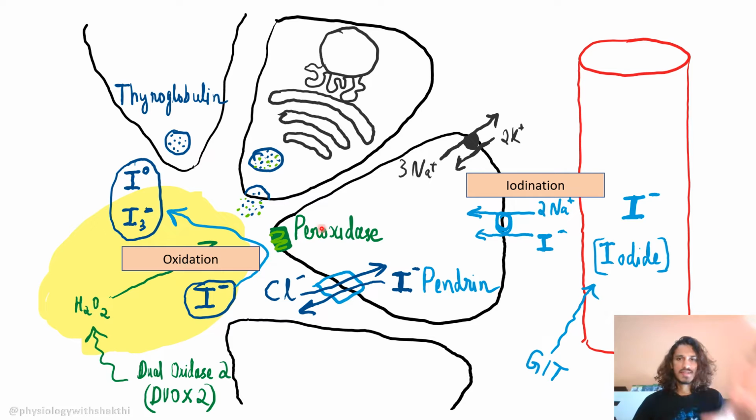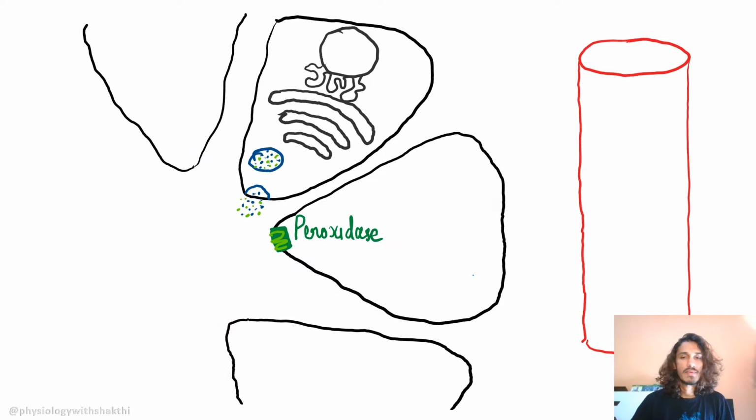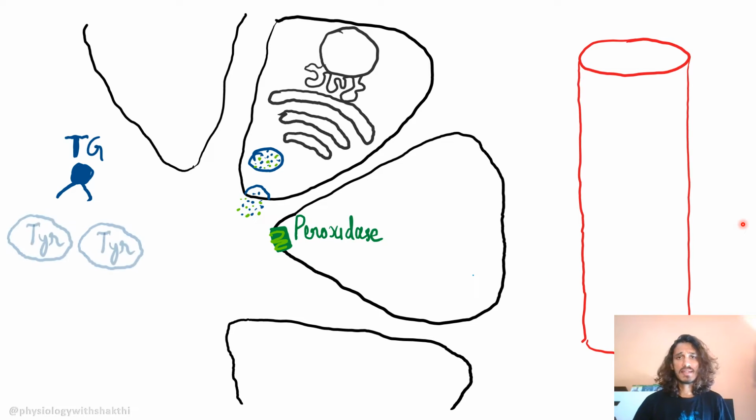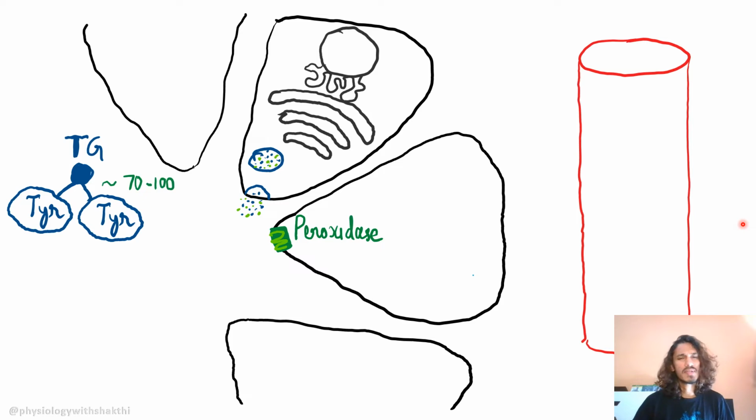Now it gets very complicated, everything's up here. So just remove it and we'll go to the next step. Now this thyroglobulin is also out here. Thyroglobulin, you have to understand, has tyrosine residues. Amino acid tyrosine residues are present, around 70 to 100. Some textbooks even say 50 to 100.